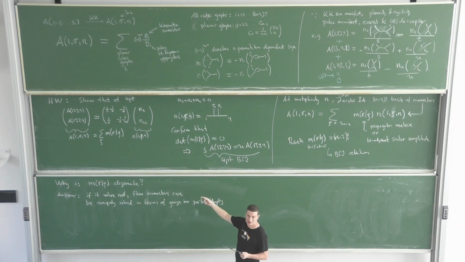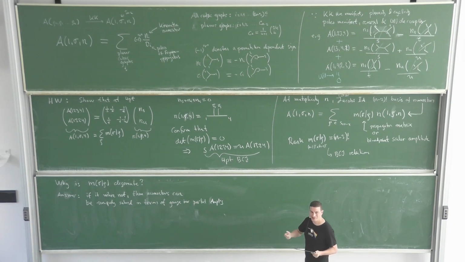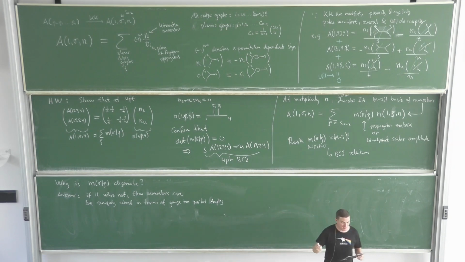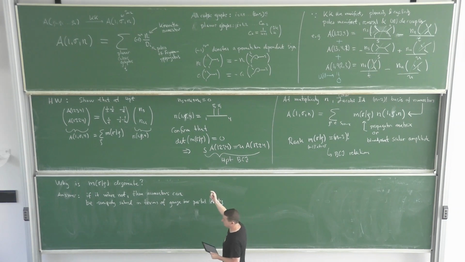You can ask whether this is full rank or not. If it's full rank, you can invert it. That means that you have gauge invariant numerators, which you might have. For example, if you consider a scalar theory, like the one that we typically call the bi-adjoint scalar theory, its diagrams are gauge invariant. So you can have gauge invariant numerators, but in a true gauge theory where you have gluons, you should not expect gauge invariance. You should expect some degenerate matrix.